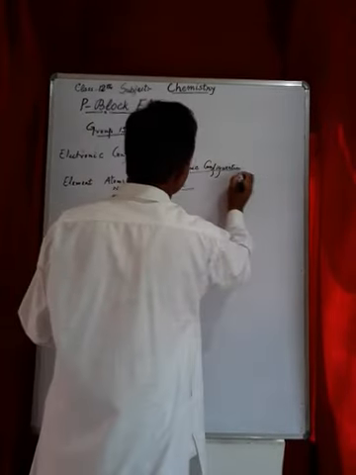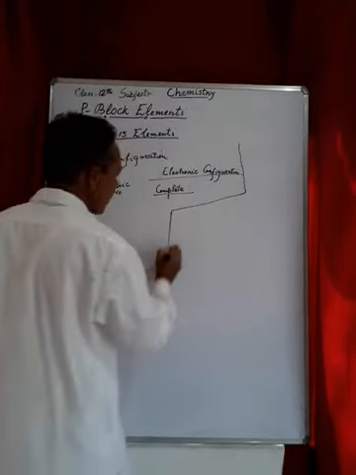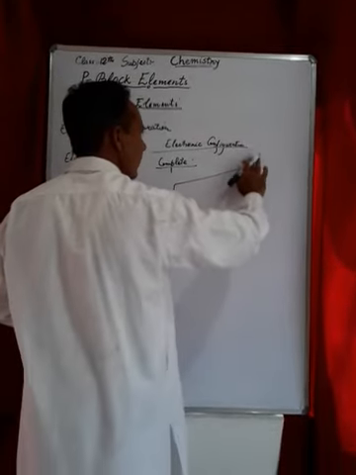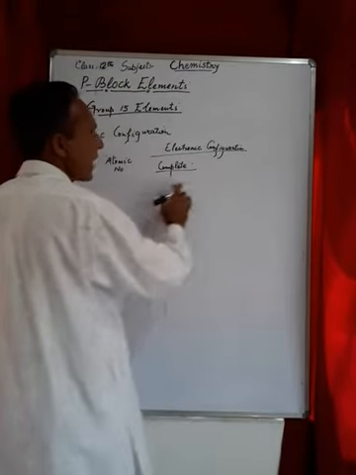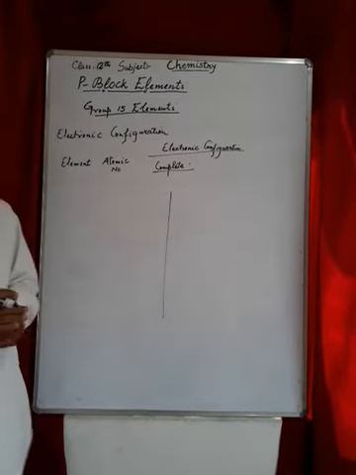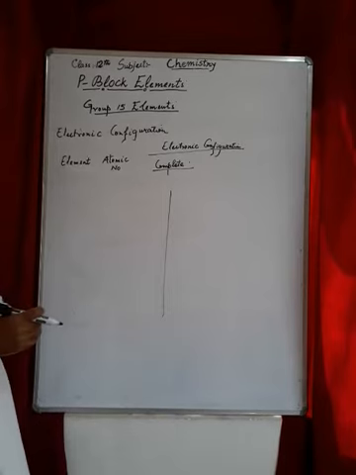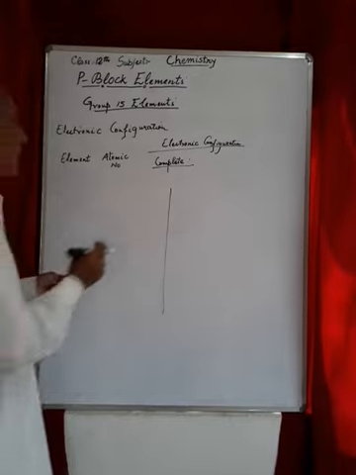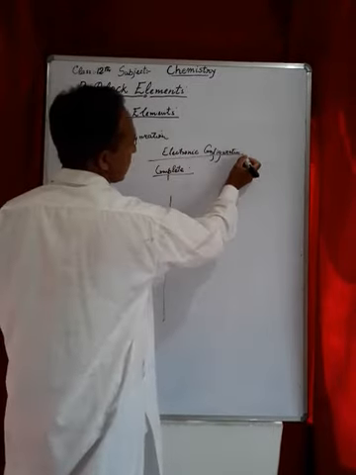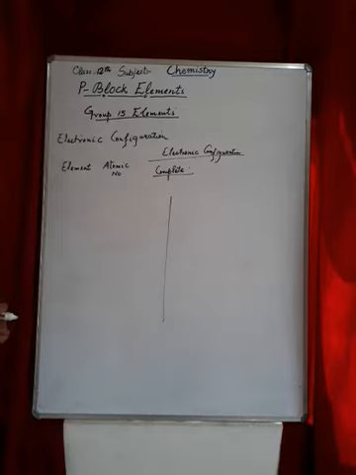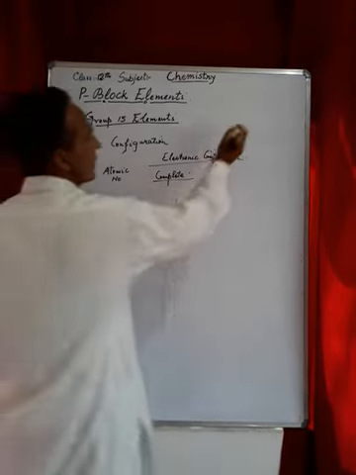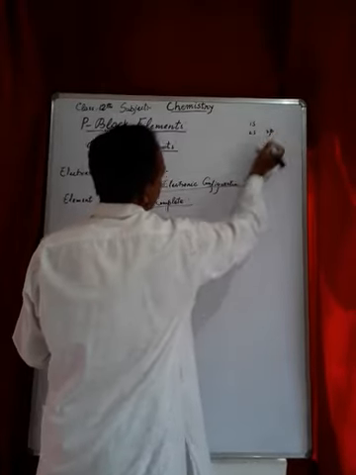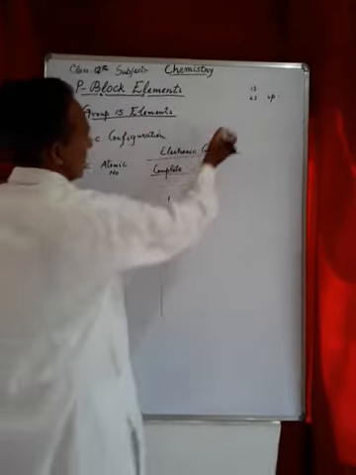Before writing the electronic configuration, I will write what you have studied in 11th, the Aufbau principle, the increasing energy of the orbitals. We will write the order in which electrons are filled in the orbitals according to their increasing energies.